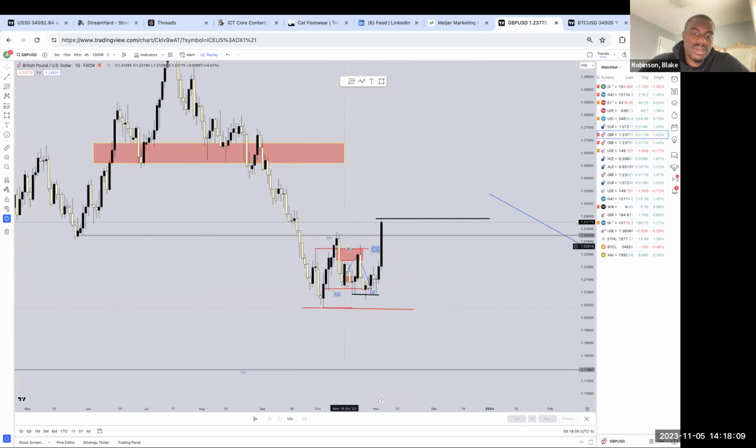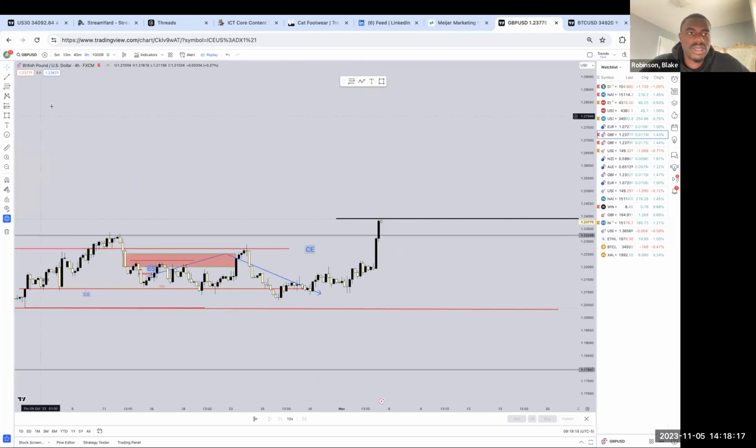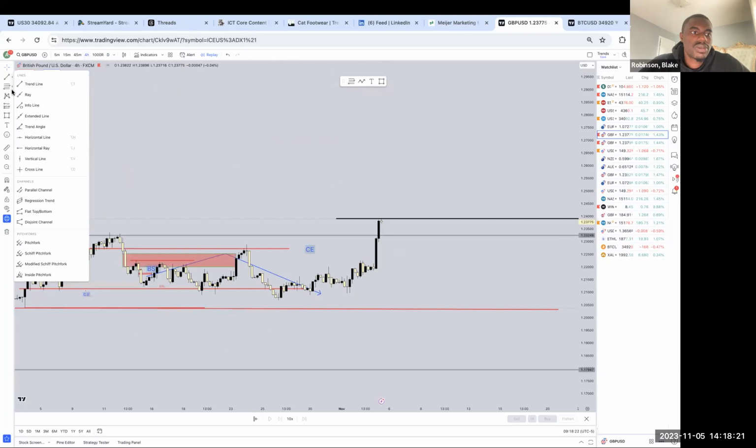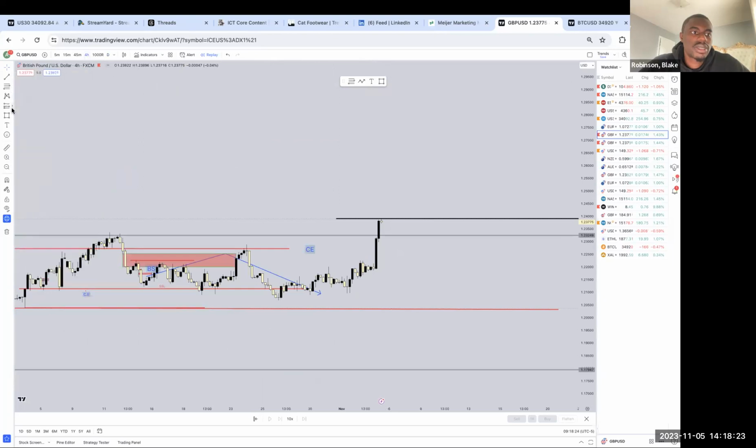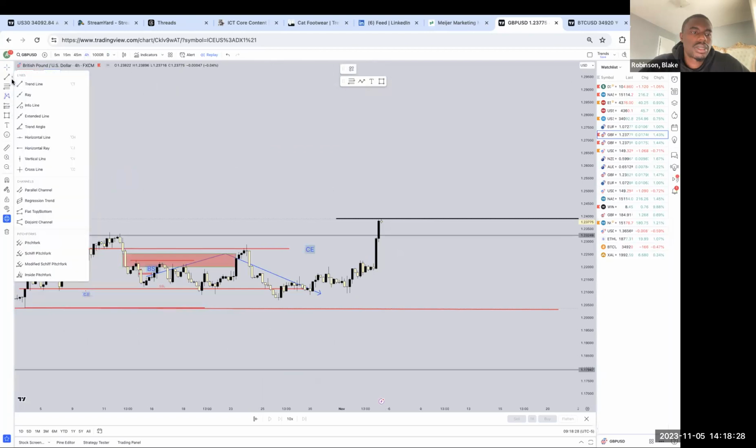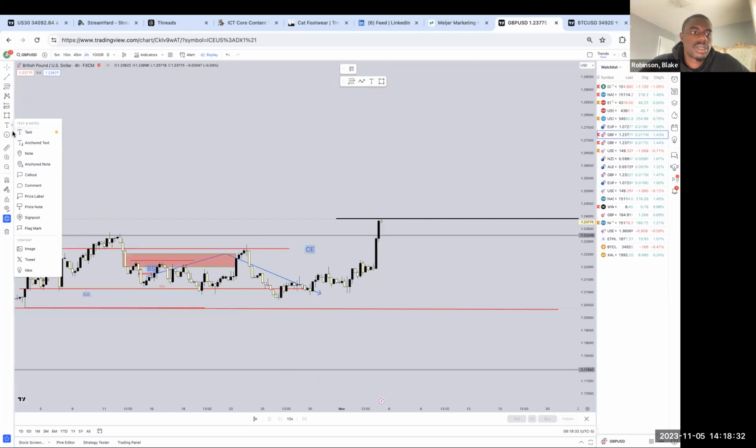If you look at the daily, we did in fact break structure, right? And we created this huge imbalance, very similar to euro and the opposite of dollar. What I want to see is price trade into this range.